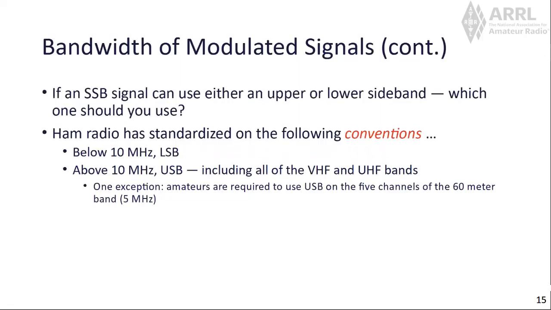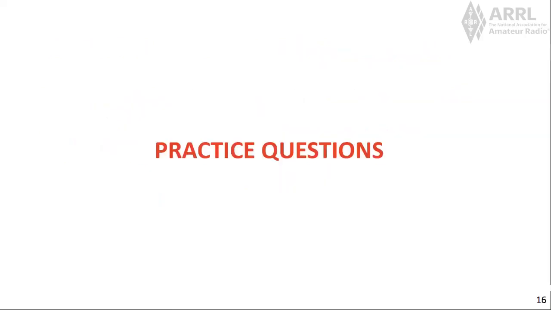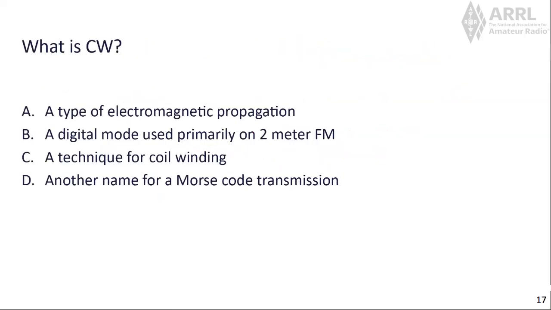One exception, which Howard just told you: amateurs are required to use upper sideband on 60 meters. Okay, we just answered that question. And if you buy an older radio, it probably will not work on 60 meters. Yeah, that's true. Now we get to see where we have to remember those things.